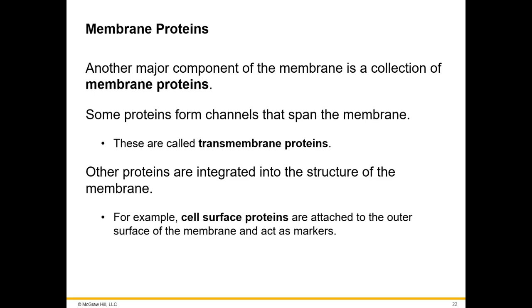Another major component of that membrane is a collection of membrane proteins. So I told you guys, some things are able to come across that phospholipid bilayer just by diffusing, specifically nonpolar things. But we have a lot of things that are polar that need to get in and out of the cell as well.